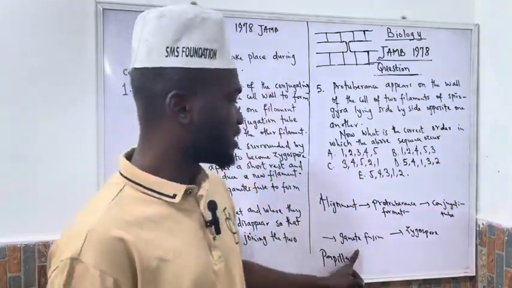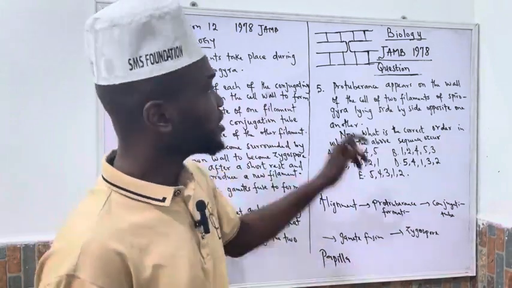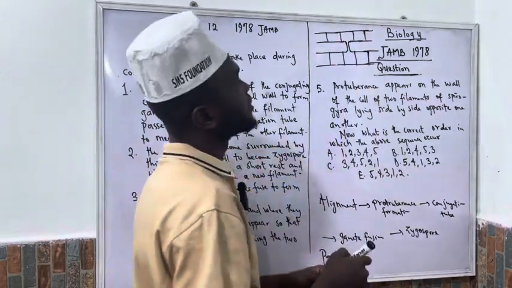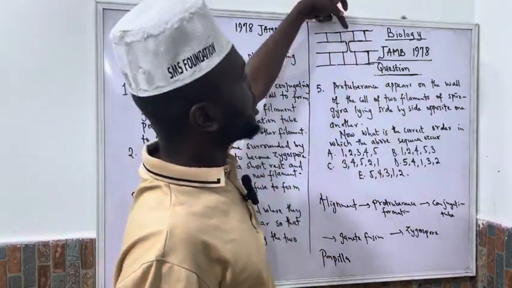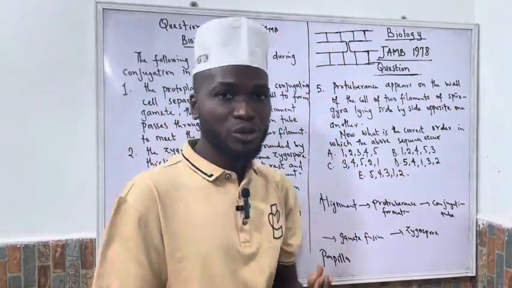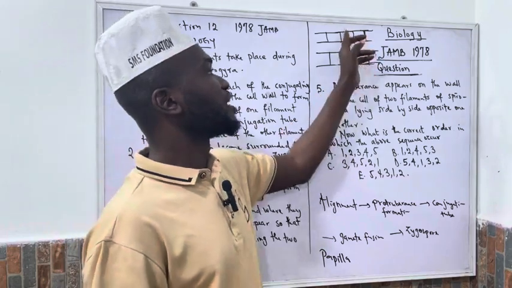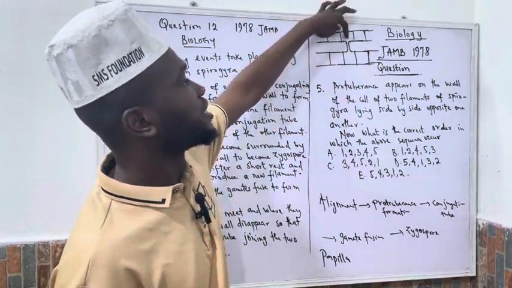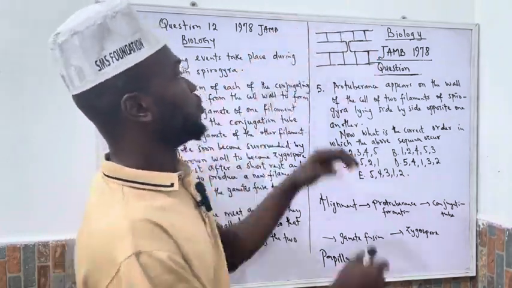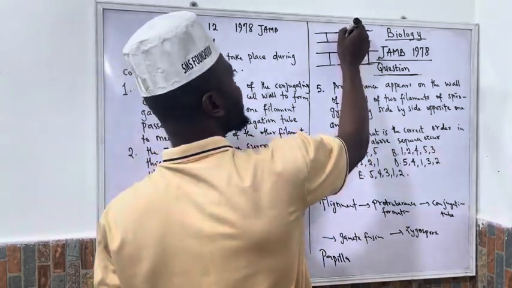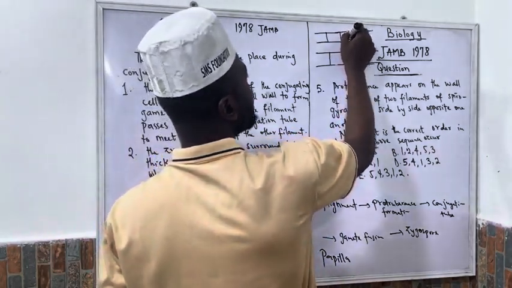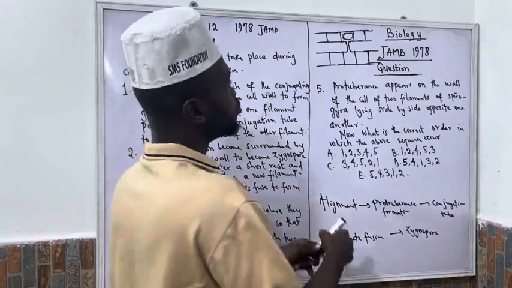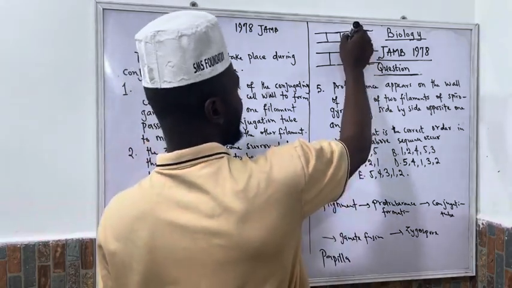So the next stage is gamete fusion. Now, the protoplasm of this particular fragment, see? One of these will serve as the male cell, usually the one on top. So the protoplasm of this, that is, the living component of the cell of this fragment, is going to move away.